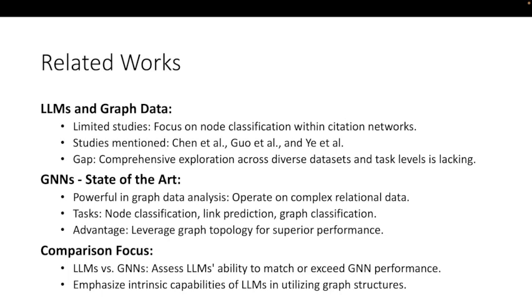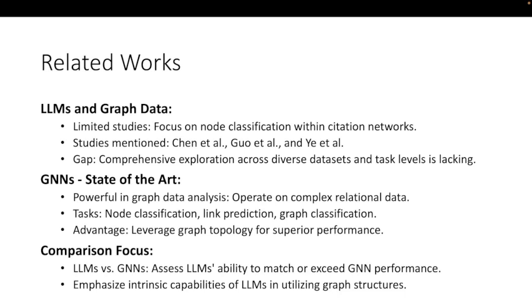On the other hand, Ye et al. fine-tuned LLMs to outperform graph neural networks, or GNNs, on particular datasets, highlighting a different approach from our focus, which is to assess the intrinsic ability of LLMs to understand and utilize graph structures effectively.